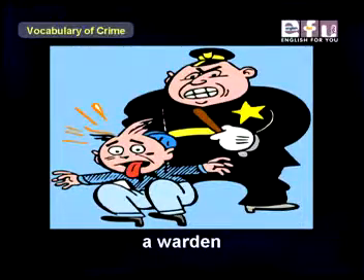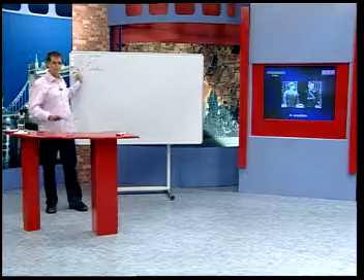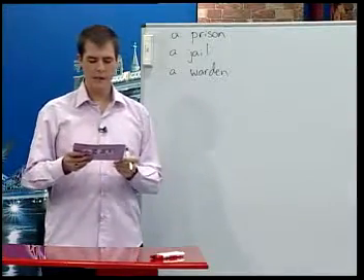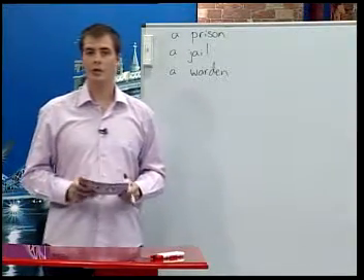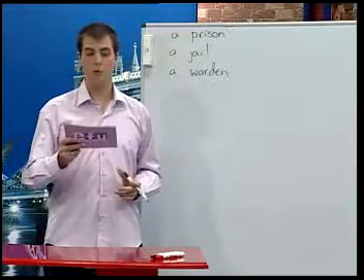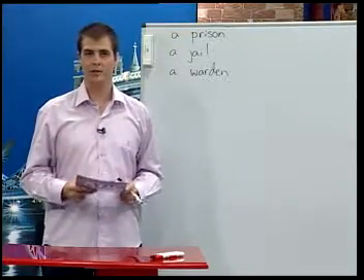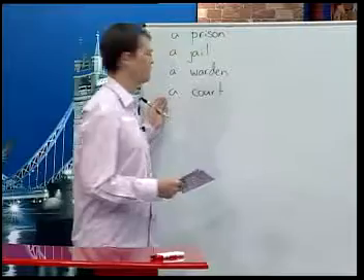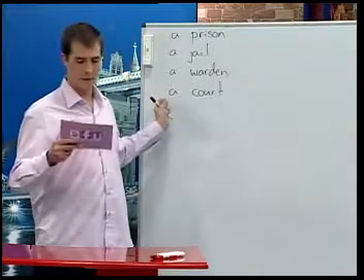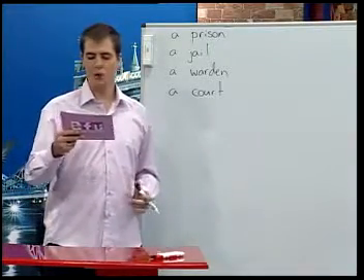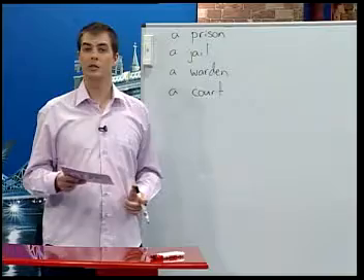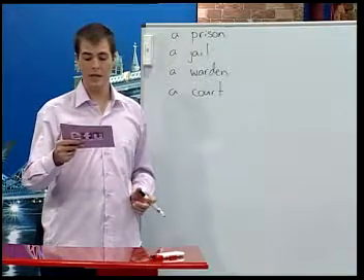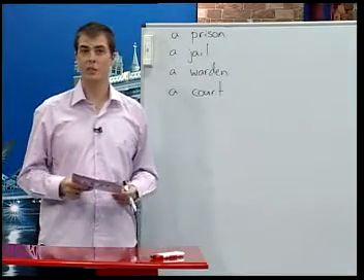A warden is an official whose job it is to make sure that the rules are obeyed in a prison. And next we have a court. A court is a building or a room where all the information concerning a crime can be given so that it can be judged.